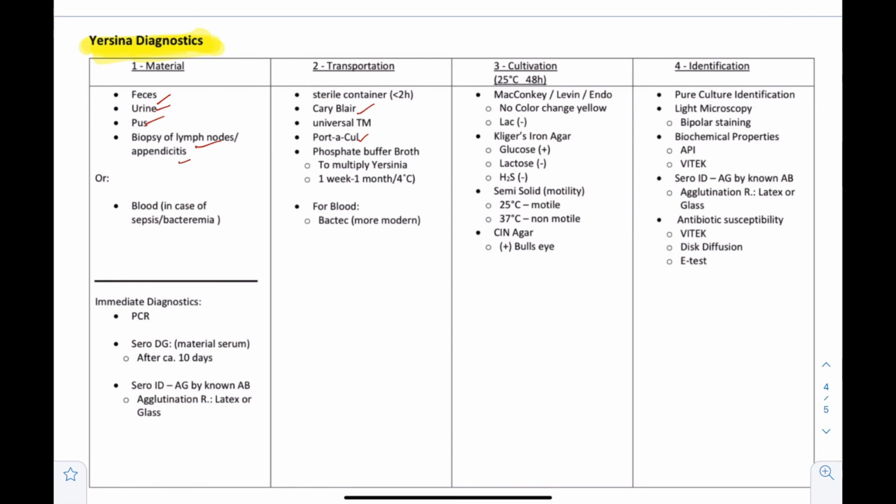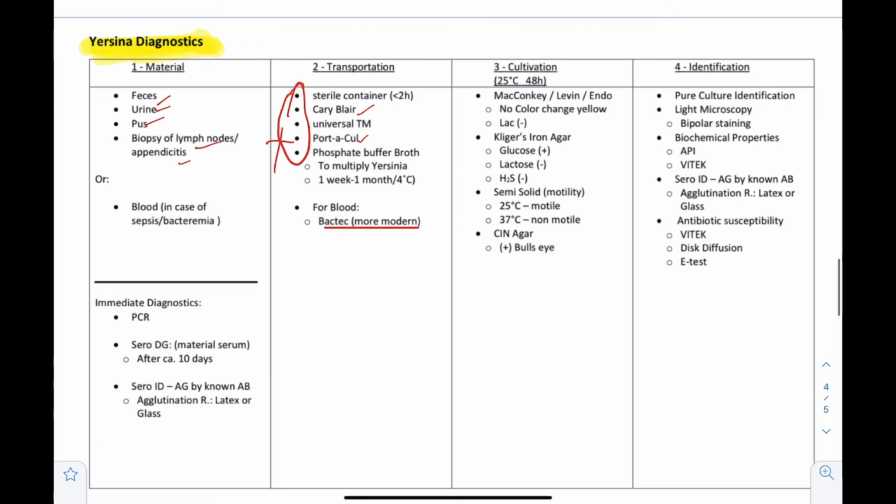And again, BACTEC for the blood, only for the blood. We cannot use any of these for blood. If we want to use it for blood, it should be BACTEC, only BACTEC. Just keep that in your mind.